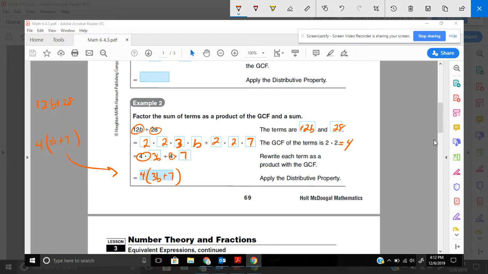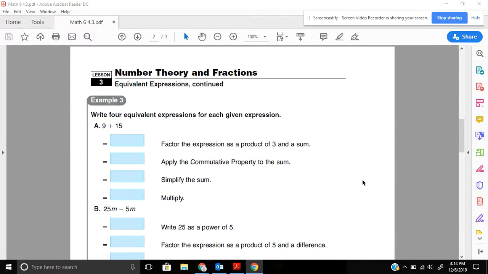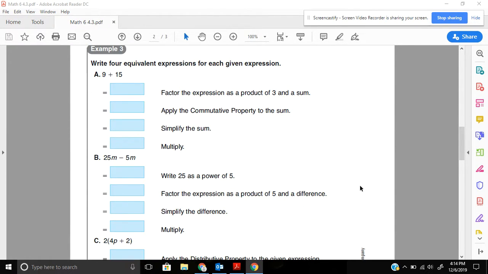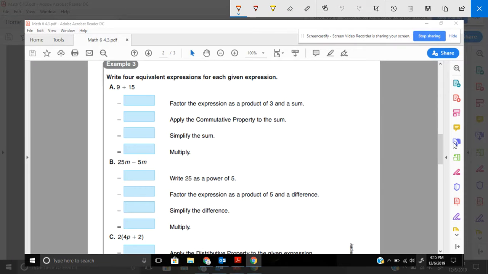All right. Let's flip to the next page and try out the next few problems. It says, for example 3, write 4 equivalent expressions for each given expression. So we're given 9 plus 15, and essentially what the book is asking us here is to rewrite this problem in 4 different ways. And they kind of give us the instructions here.